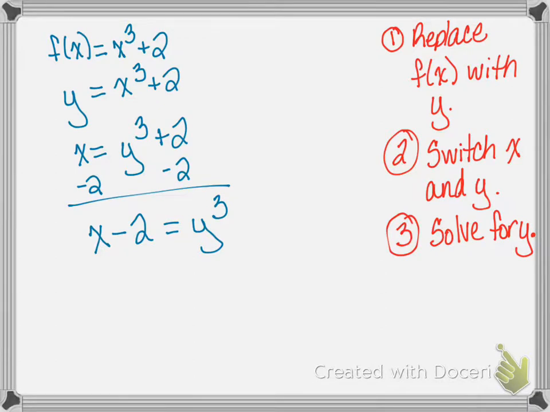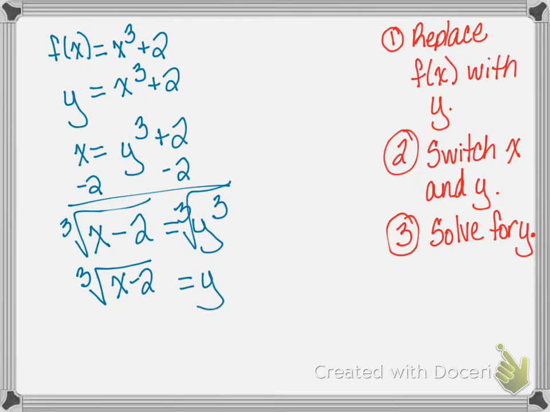How do I get rid of the third? What do I take of both sides? Excellent, the cubed root. That's exactly what I do. So I'm taking the cubed root of both sides, so I have the cubed root of x minus 2 equals y. Is it okay for me to have negatives inside a cubed root? Yes, it is. It's completely fine.